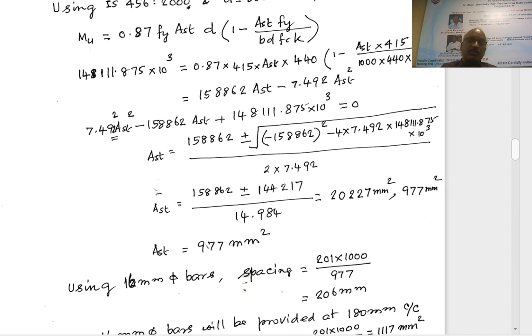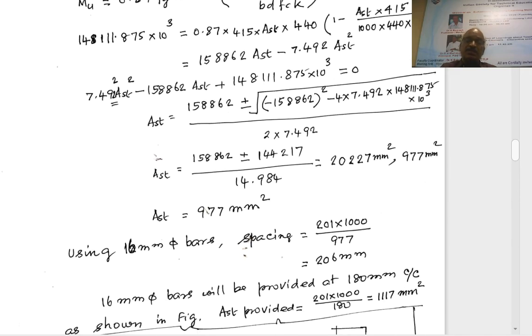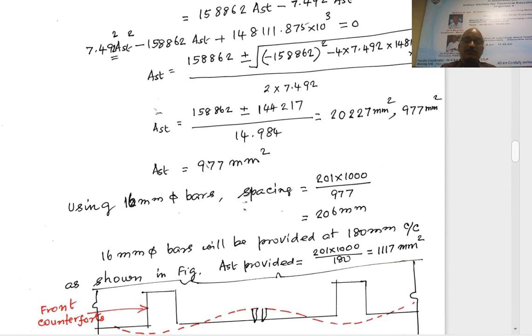So area of steel equal to 977 mm square. So using 16 mm diameter bars, spacing is equal to 206 mm. That is area of 1 bar into 1000 by AST required. So 16 mm diameter bars will be provided at 180 mm center to center as shown in figure.